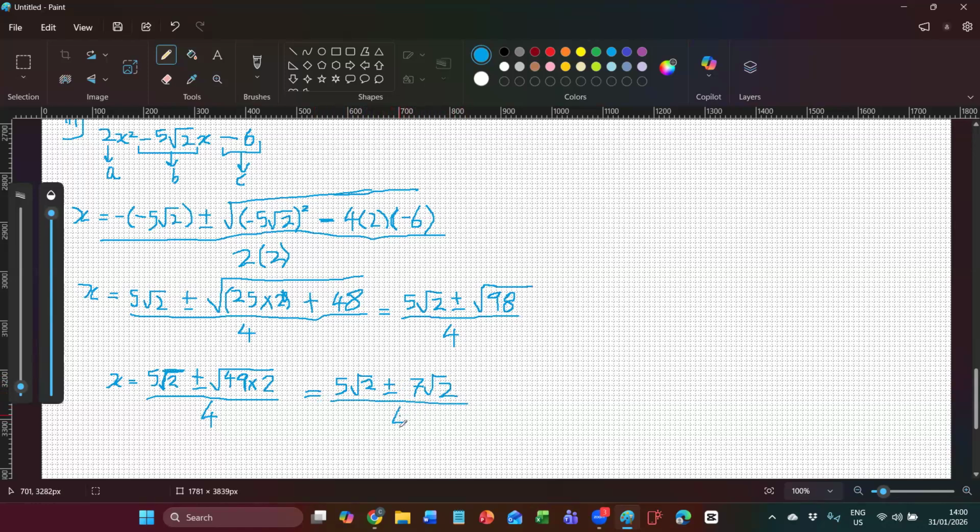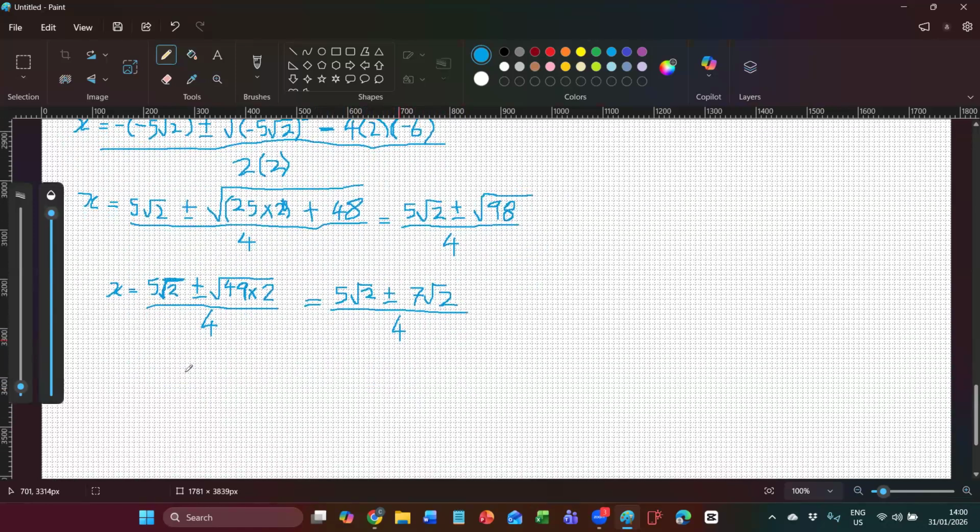And we can now go on to the next few steps, which would be x equal to... Now you are free to factorize the surd 2, isn't it? Yes, sir. So we factorize surd 2 there. That will leave me with 5 plus or minus 7, and of course you have your 4 nicely there underneath.